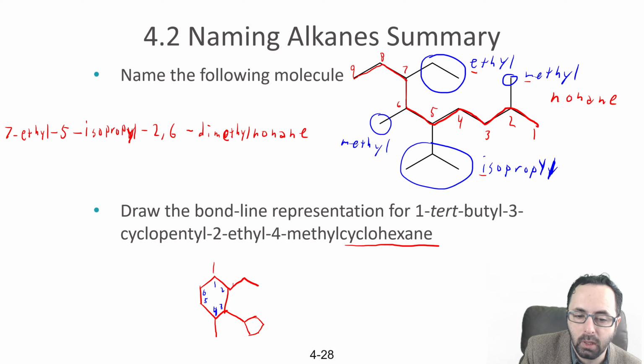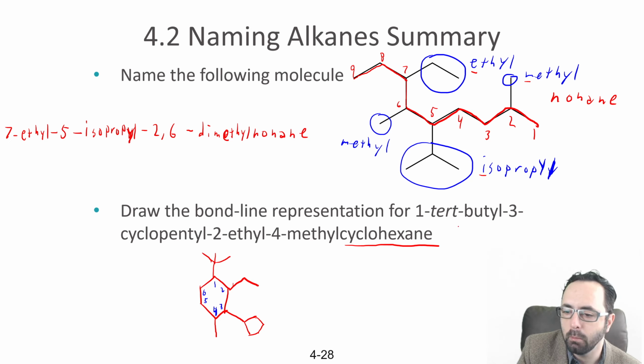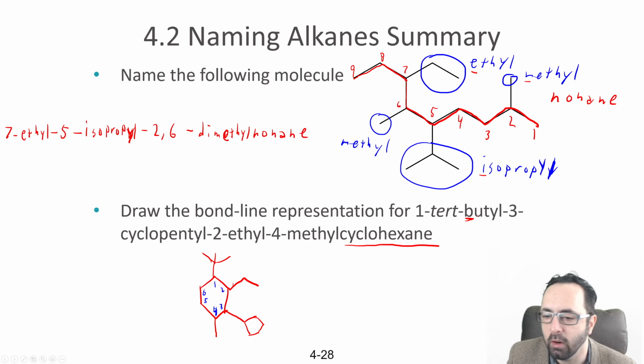So tert-butyl means that it contains 4 carbons altogether. It's tertiary, meaning that this carbon here is attached to 3 carbons, but altogether it contains 4. 1, 2, 3, 4. So notice that the butyl here, butyl came first because the tert doesn't contribute to the alphabetization, and so B comes first.